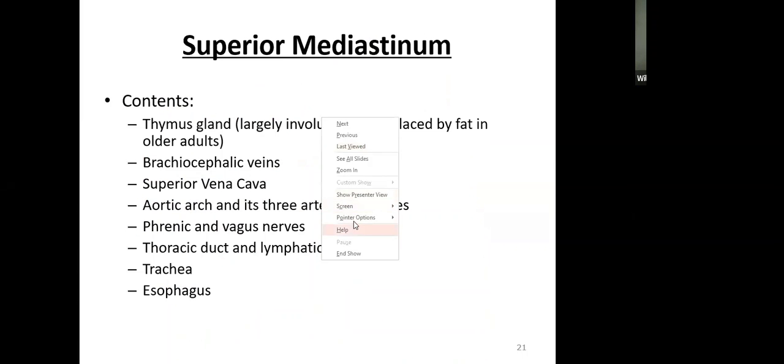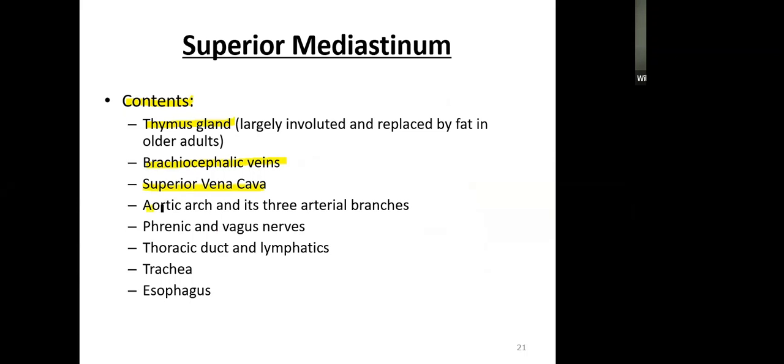So what we need to know is the contents of the superior mediastinum. Very important. We've got a thymus gland, which is largely involuted and replaced by fat in older adults. We have the brachiocephalic veins. We have the superior vena cava.